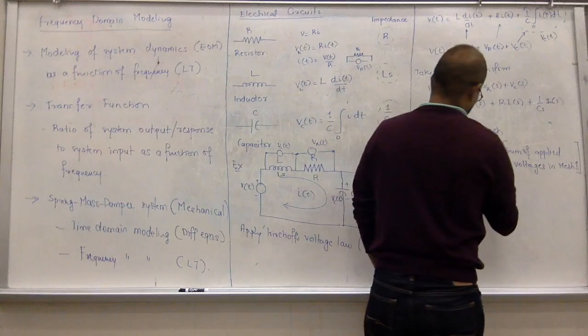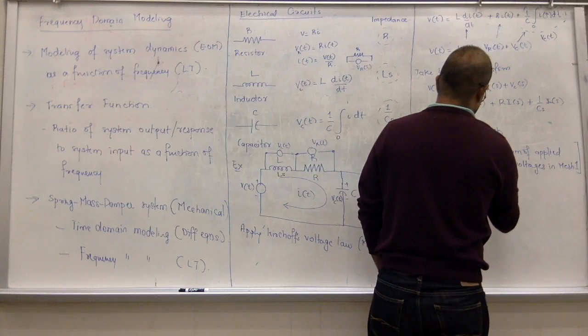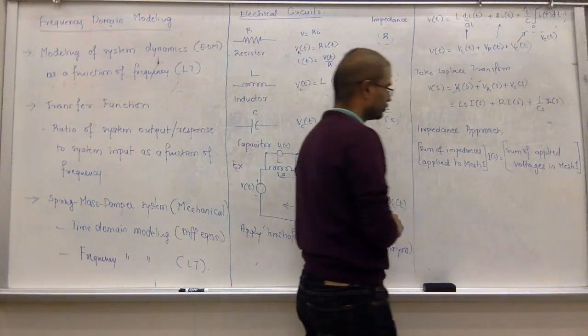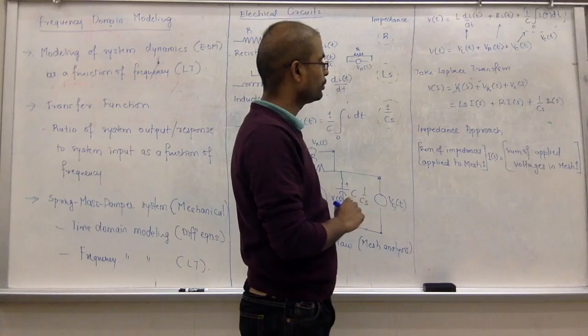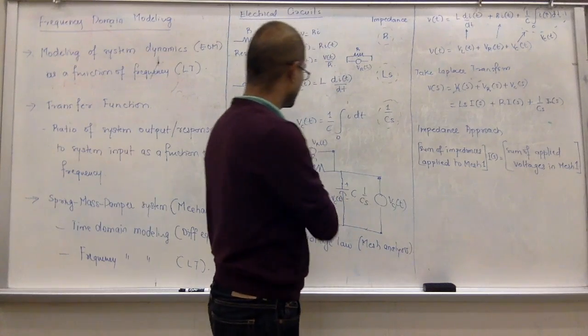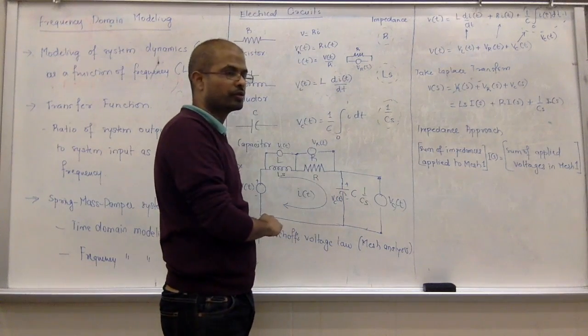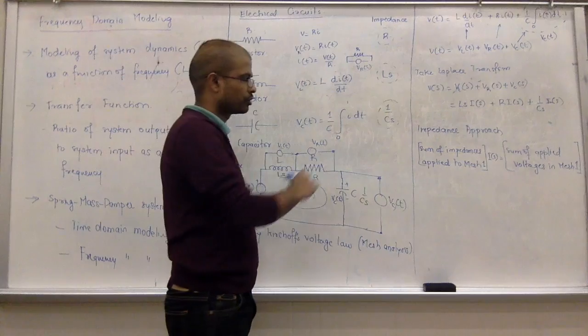There is an I of s here. This will be more clear when we do multiple loops or multiple meshes, 2-3 meshes. This approach becomes very easy.